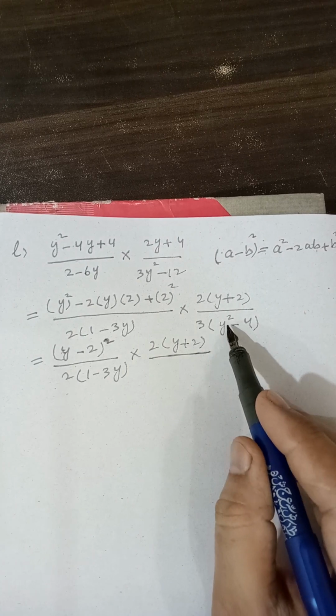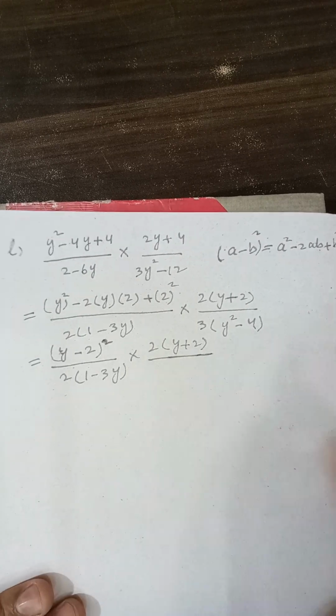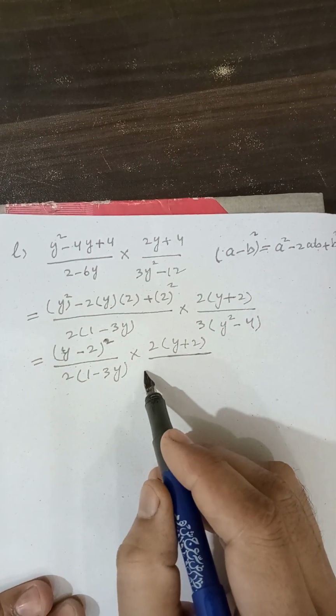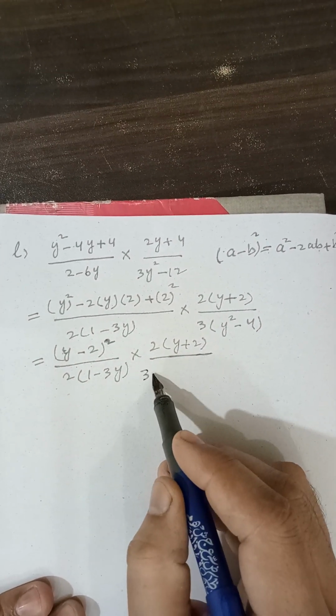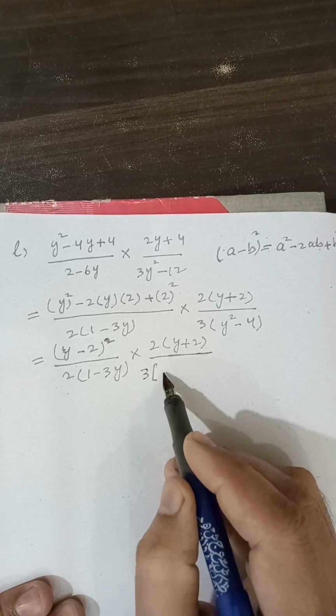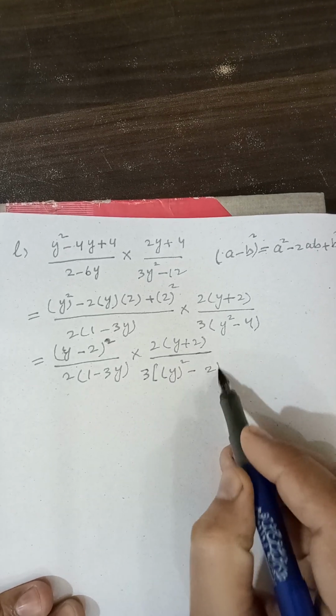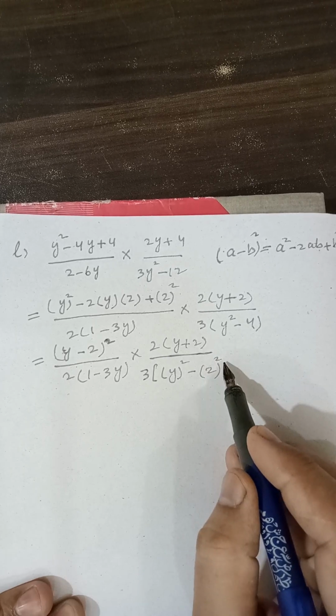you see here y square minus 4 needs an identity, that is 3 into y square minus 2 square.